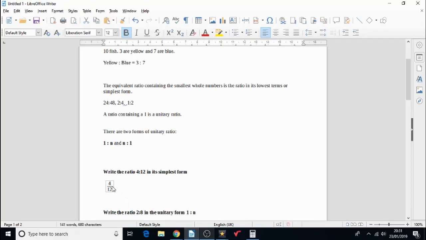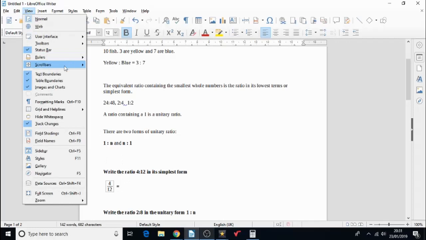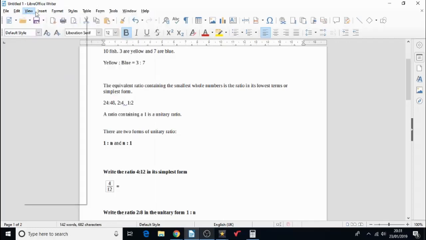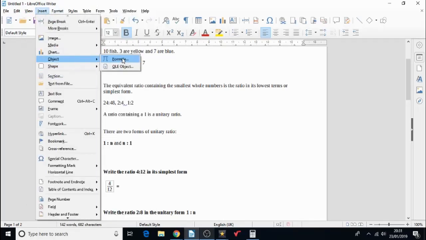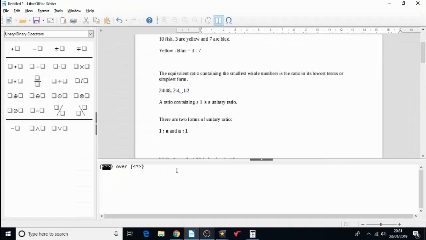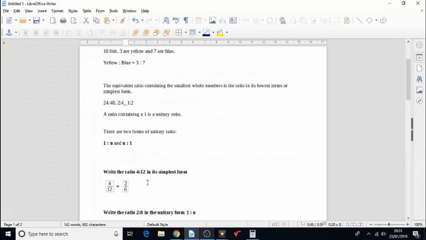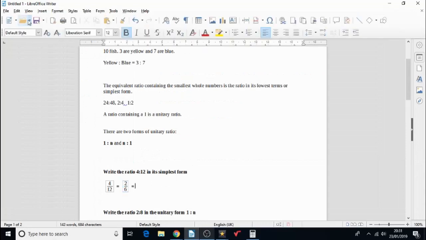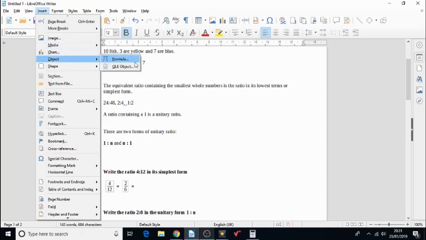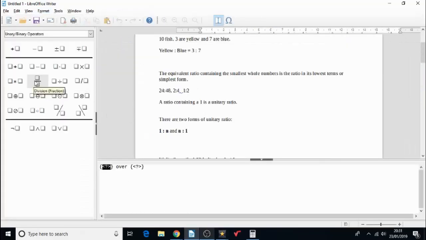So 4 over 12 you could cancel down to 2 over 6, but 2 over 6 can also be simplified again into 1 over 3.